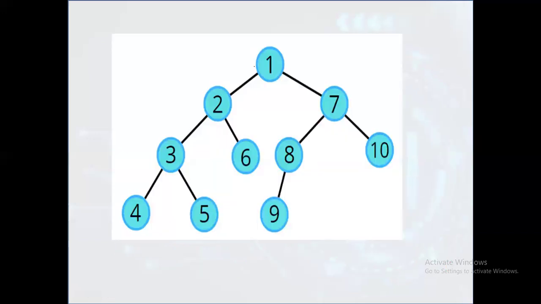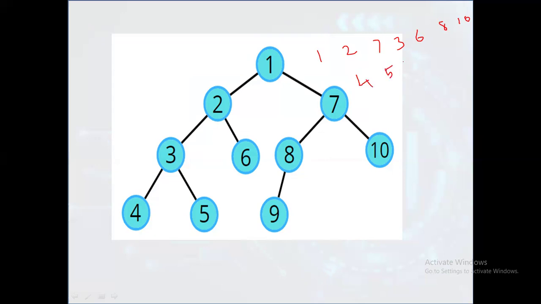Similarly for this, by looking into this, we will write it as 1 to the output nodes 1 to 7. Then for 2, what you have to write? 3, 6, and for 7 we have to write 8, 10. Next one, first we have to look into 3, 4, 5.